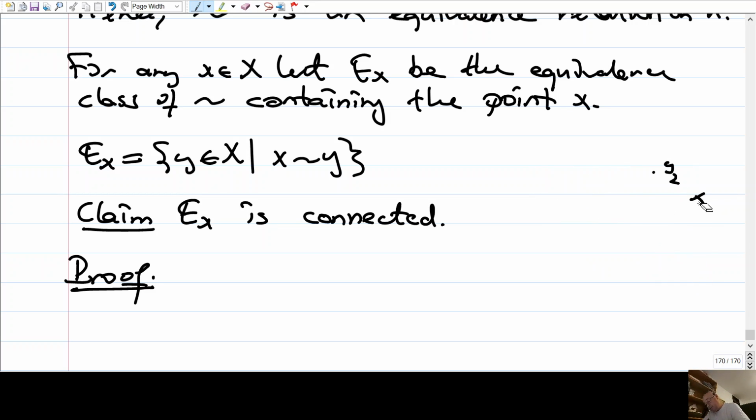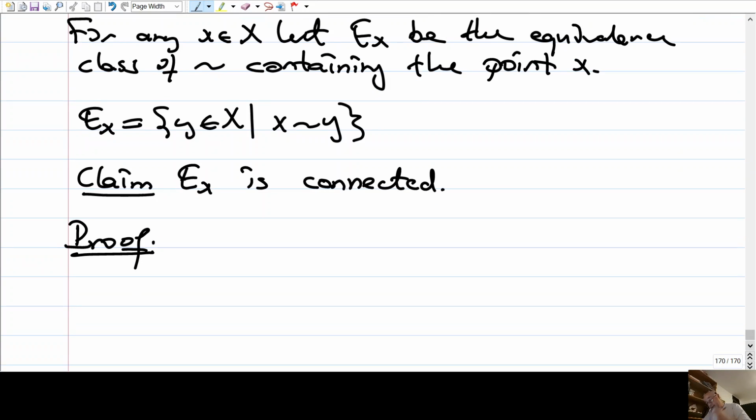Let me write this clearly. Why is this connected?